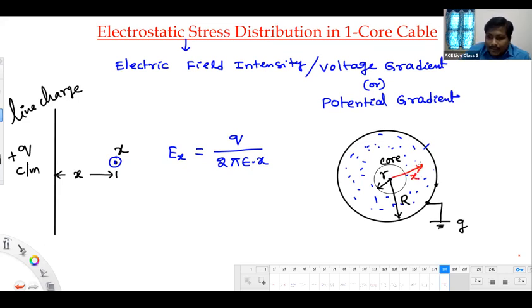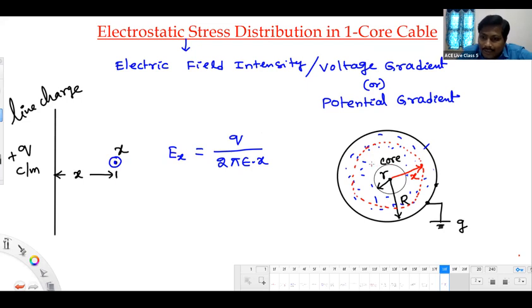At all the points on this circle of X radius, what is the field intensity? It will be Q by 2 pi epsilon X only, na?